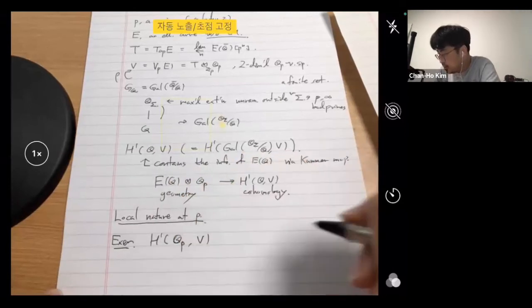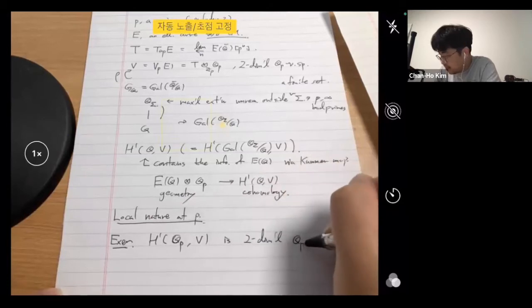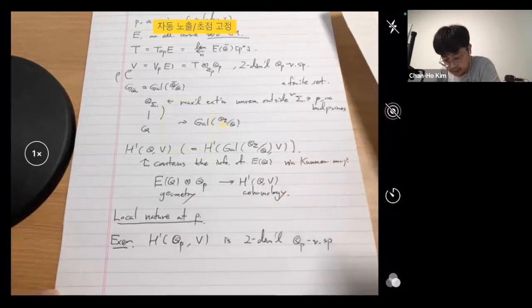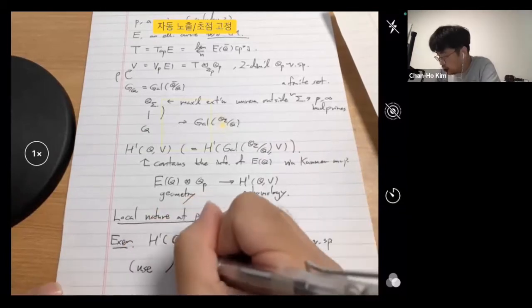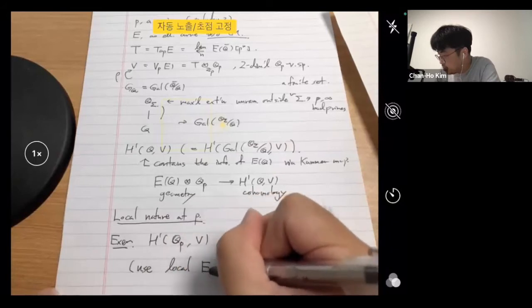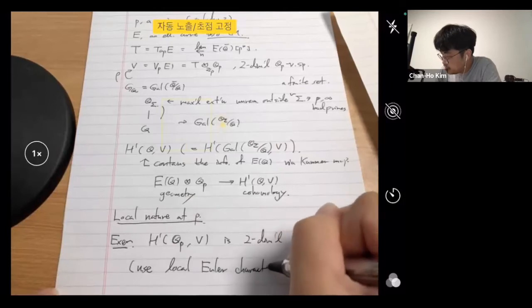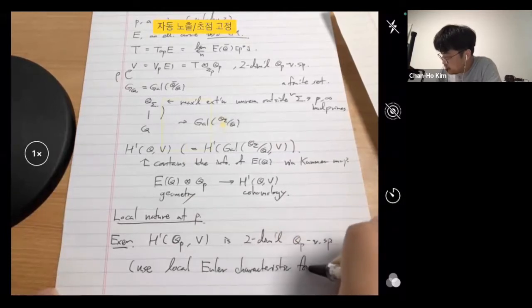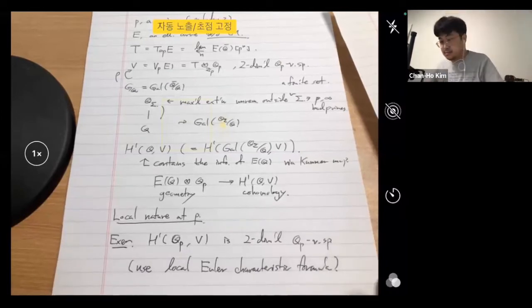H^1(Q_P, V) is two-dimensional Q_P vector space, and the hint is to use the local Euler characteristic formula.